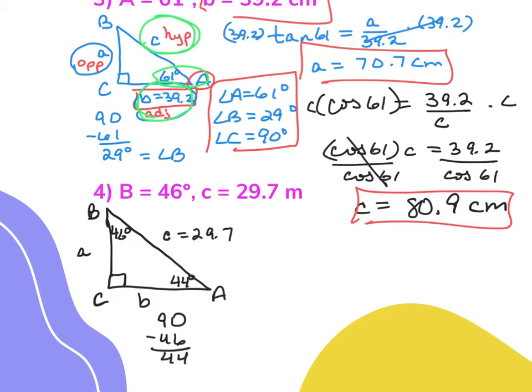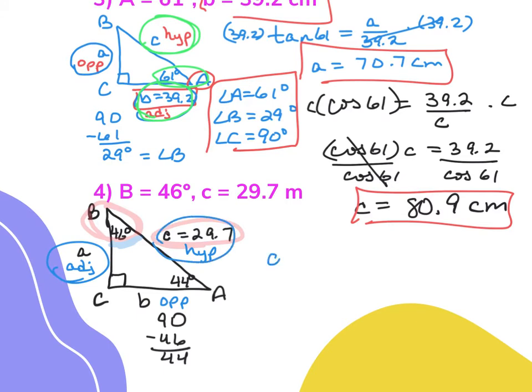Again, I'm going to use my given. So I'm going to be using the 46 and the 29.7. I'm going to label my sides based off the given. So based off the 46 degree angle, this little b over here is opposite, C is hypotenuse, and little a is adjacent. So now I'm going to figure out which trig ratio is going to be using adjacent and hypotenuse.